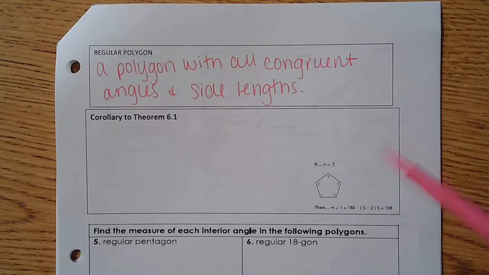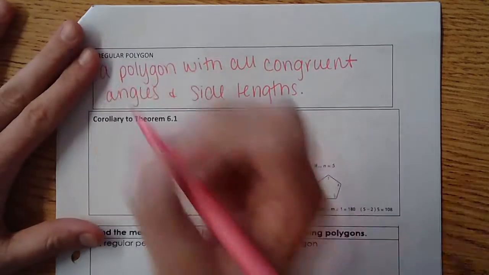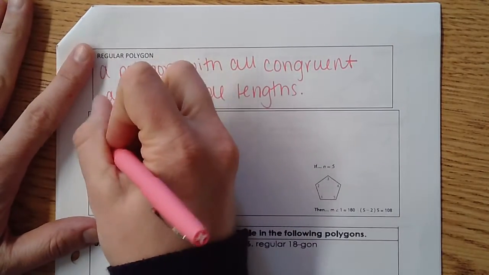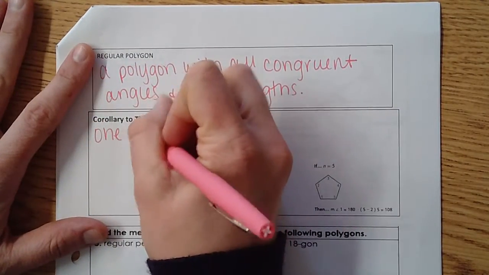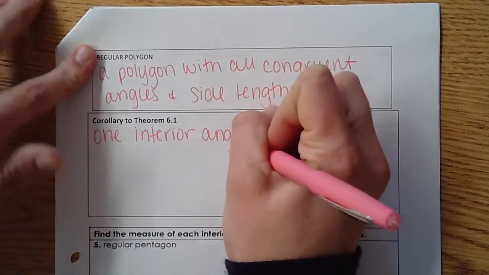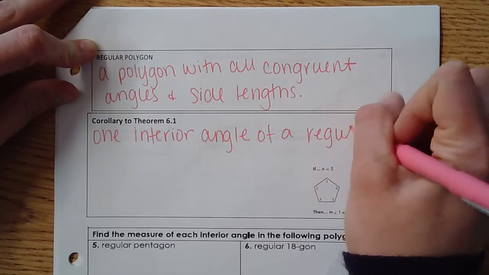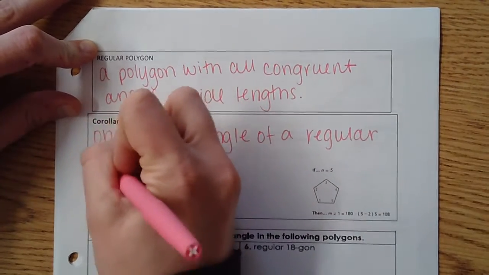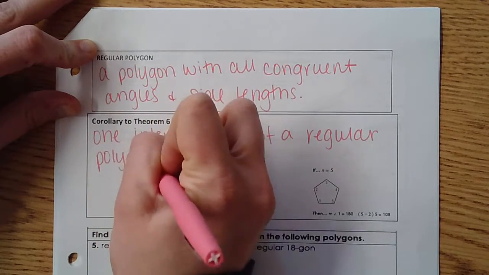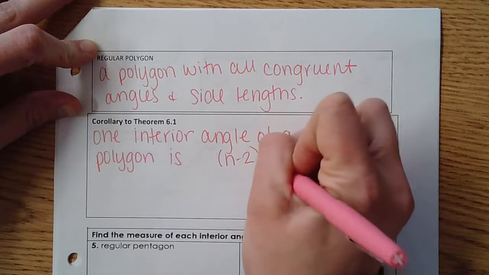So the corollary to this, okay, is one interior angle of a regular polygon is n minus 2 times 180, divided by n.